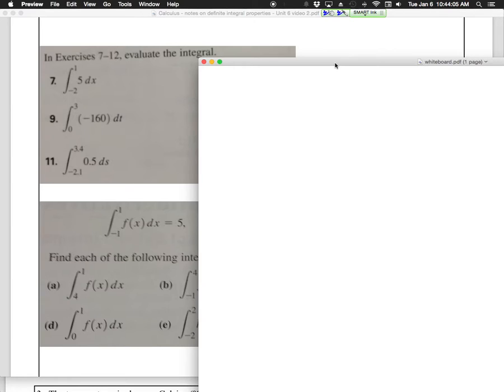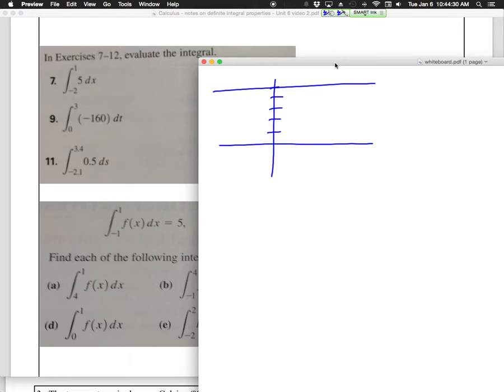What is my curve? 5. What does the curve 5 look like? It's a line. What do you know about that line? It's straight. What else? It's horizontal and it crosses the y-axis at 5. So there's the function 5. There's my curve.